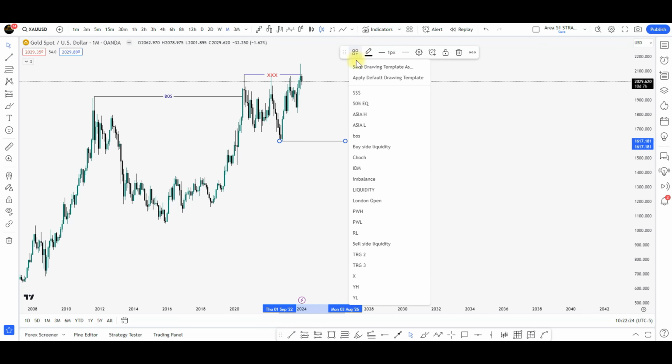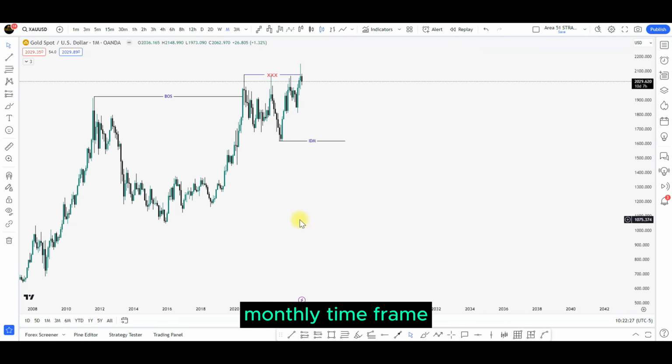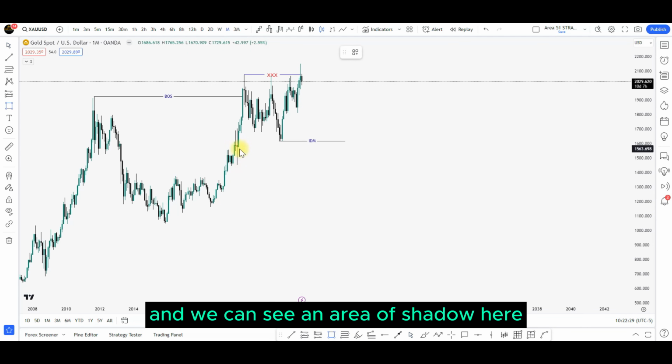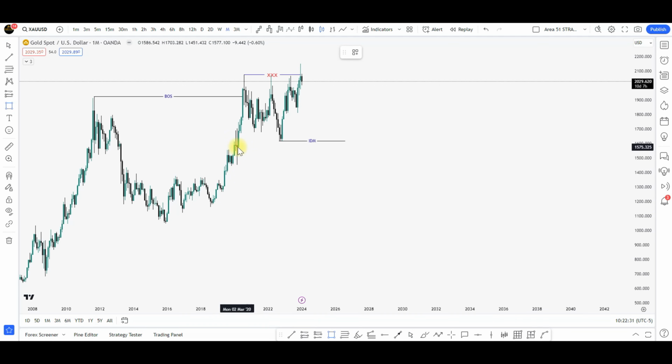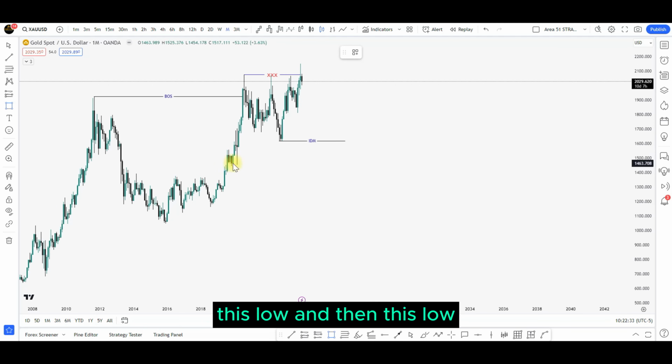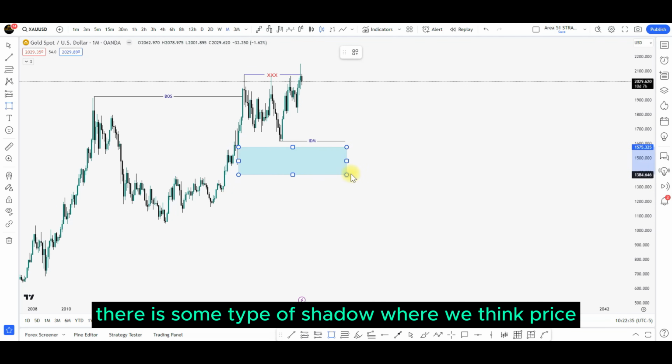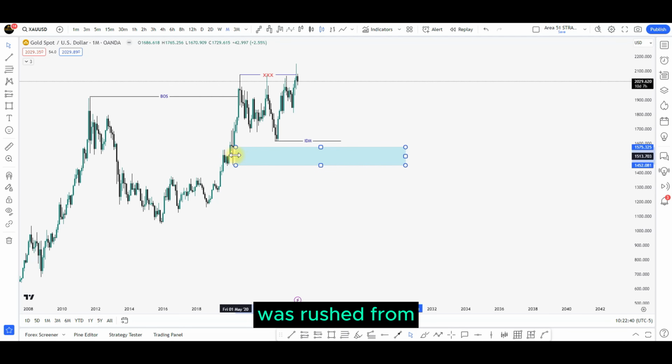on the monthly time frame, and we can see an area of shadow here, this low, and then this low. There is some type of shadow where we think price was rushed from.